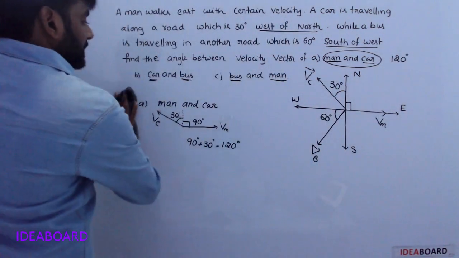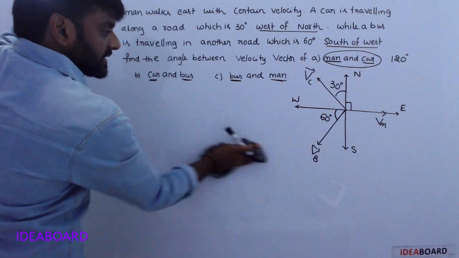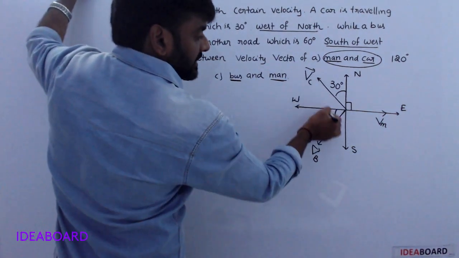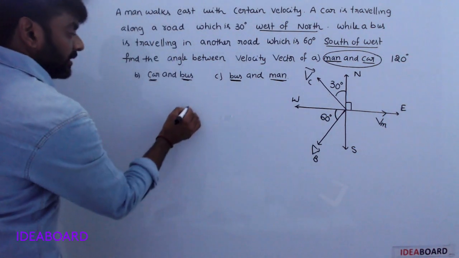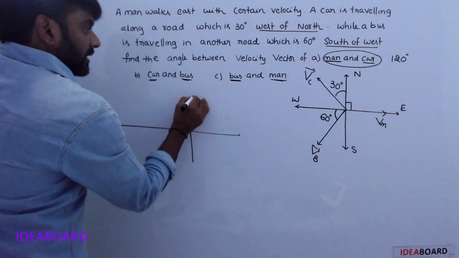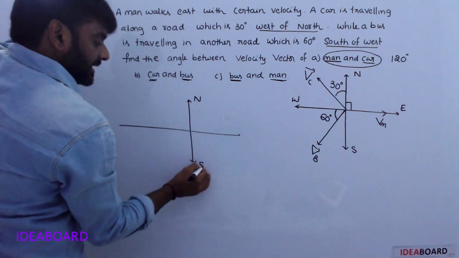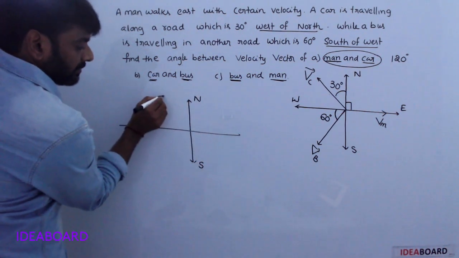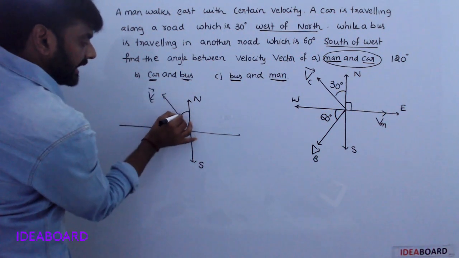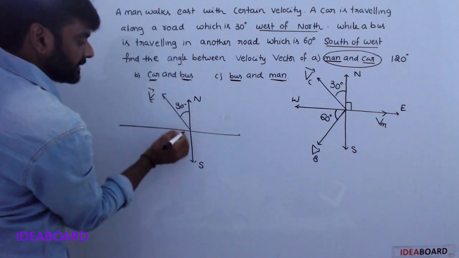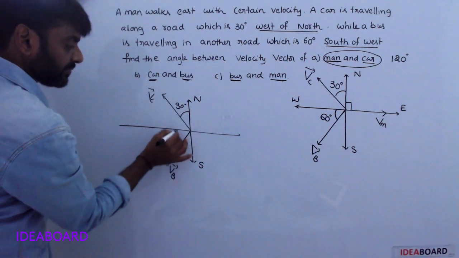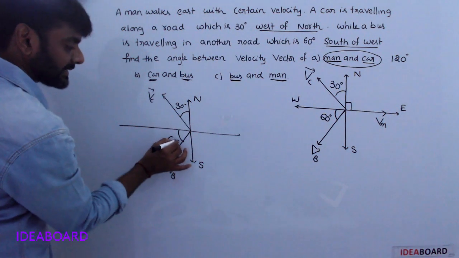Okay. Next, car and bus. Car and bus. This is the angle. Okay. Now, see. It is north. This one is south. This is car velocity. This angle is 30 degrees. This is bus. This angle is 60 degrees.